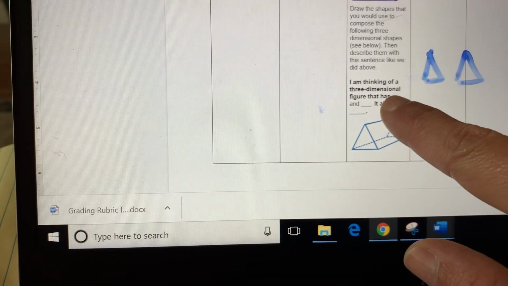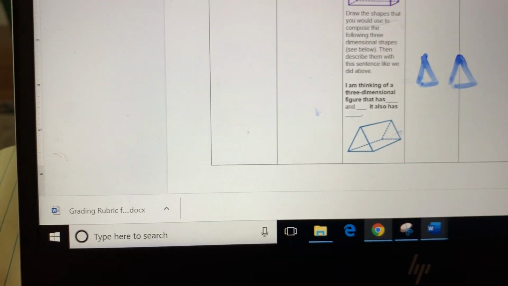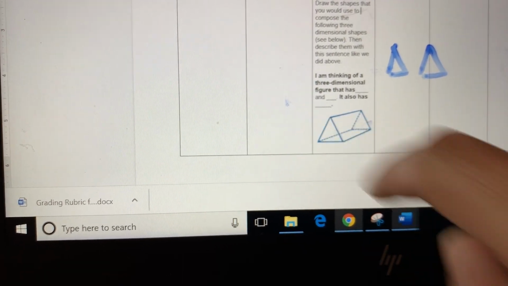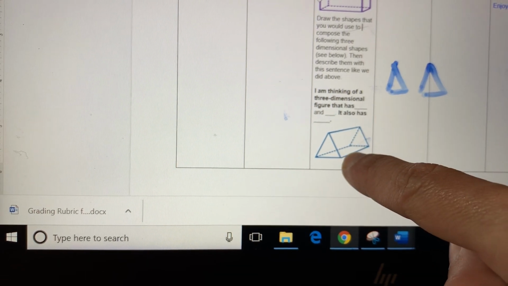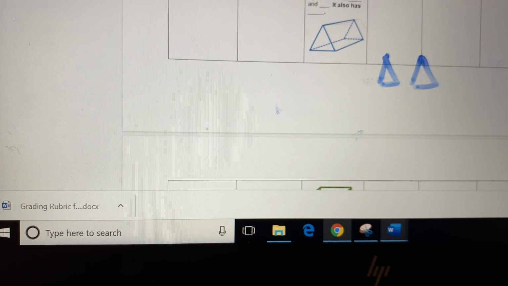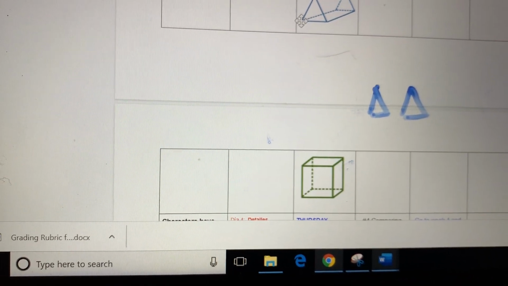I want you to finish your sentence. I want you to tell me how many vertices it has, like we did up at the top. And then I want you to count how many edges it has, and I want you to finish the sentence like that. So you're going to do a sentence for this shape, and then draw the shapes that make the 3D figure. And you're going to do one for the cube also, okay?